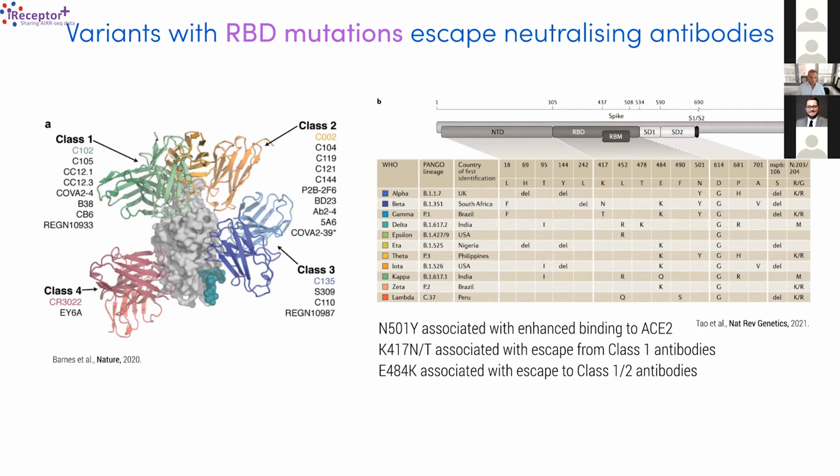But I think what this data has started to indicate is there's quite a bit of convergence in the structural conformations, perhaps also some sequence convergence, which is observed in some class 2 antibodies, often sharing very similar germlines.